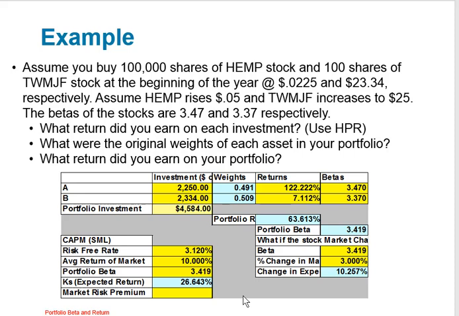If the betas of these stocks are 3.47 and 3.37 respectively, what information can we gather from this stock?